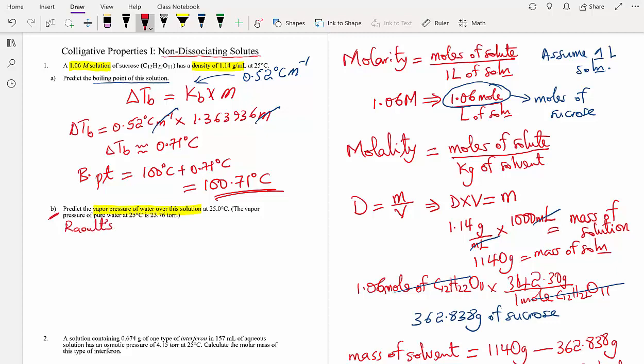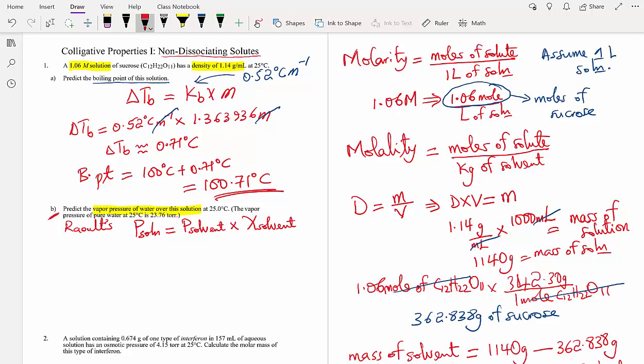And what does it say? The pressure above a solution will be equal to the pressure of the pure solvent, which in this case is given to us, multiplied by the mole fraction of the solvent.